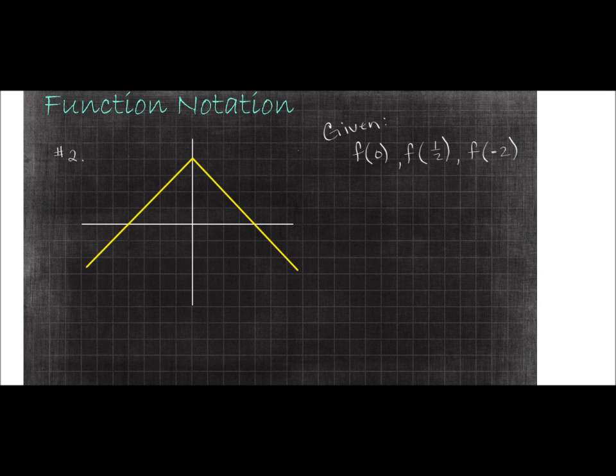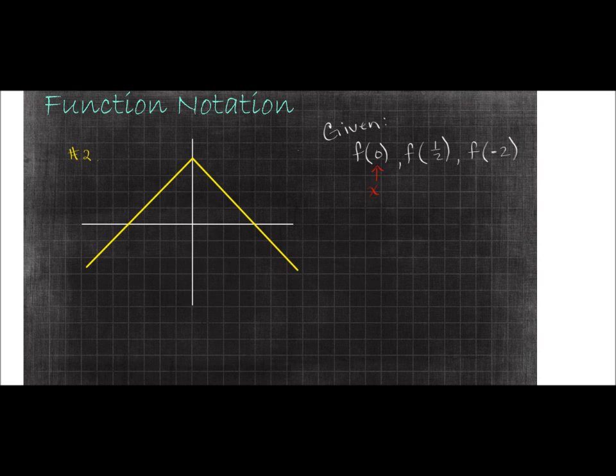Now, the easiest way, I think, to see functions would probably be graphs. And this is example number 1. If you recall when we started talking about functions in another video, we started talking about the vertical line test. And if you do the vertical line test, you'll see that I can only have one input for one output in my function here. Now, if I tell you that f of x equals 0, what I'm actually telling you is that x is 0.